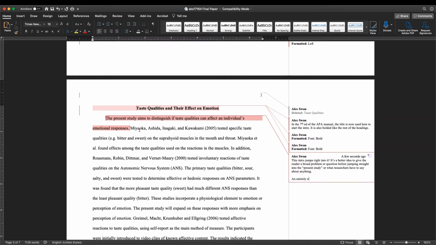And Daryl Bem, the psychologist and really good writer, notes in his hourglass metaphor that the first paragraph is one of the broadest parts of the paper. So I note here that you should really try to just give the reader a broad sense of where you're coming from.